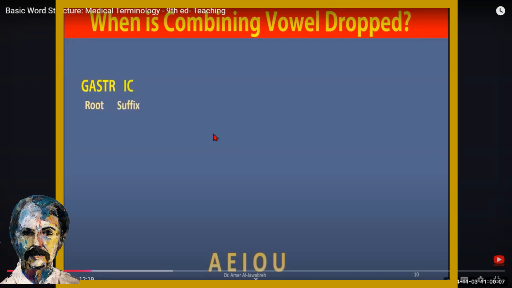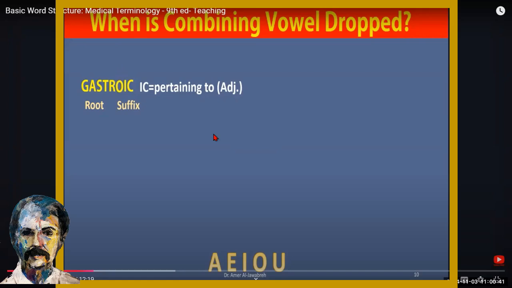So we have gastr and we have ic. Usually, in the way I taught you, you have to add what? A vowel, which is O. So look, if we add O, what happens? Gastroic. Then your mouth has to vibrate up and down. But this is wrong. We have to get rid of one of the two vowels.